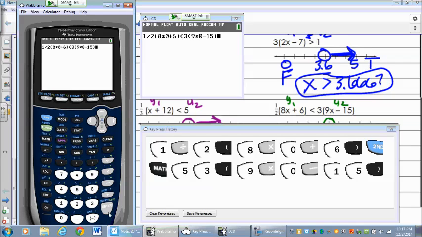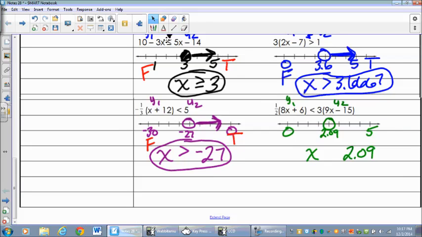Close your parentheses and push enter. It is true. I'll go back to my notes. This is the 0 is a true. That means the 5 must be false if I've done this correctly.